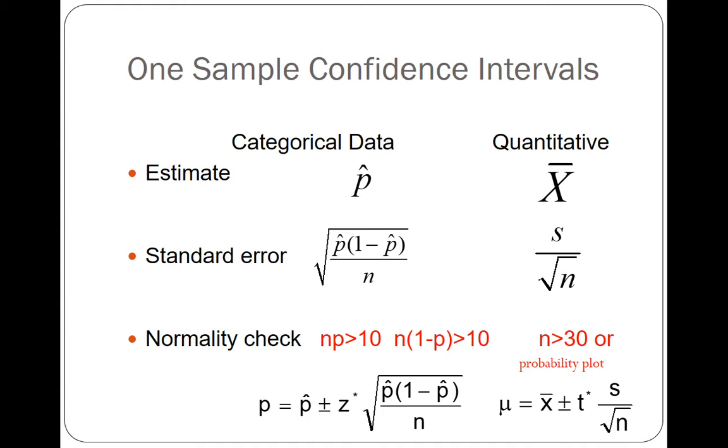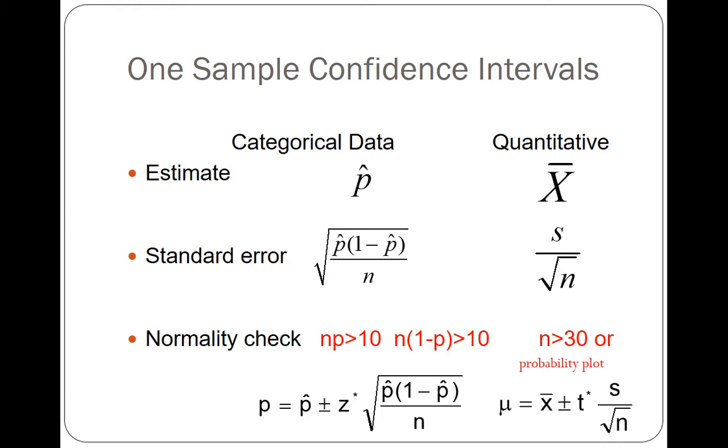Finally, we're going to use some sort of normality check to see if the data is normal. For categorical data, we want to make sure that it's not towards the ends, like it's not skewed into the small values or the large values. So we want the expected number of successes to be bigger than 10 and the expected number of failures to be bigger than 10. If not, it's skewed and you really can't use a z statistic for your result.